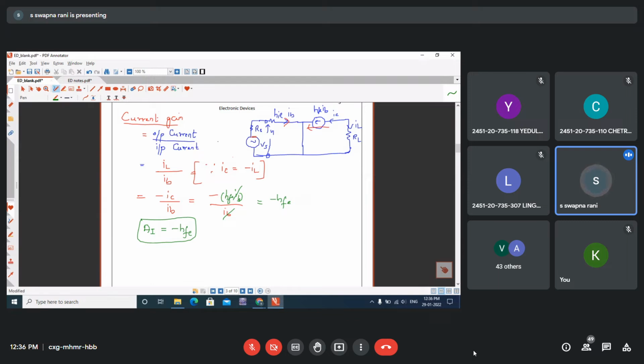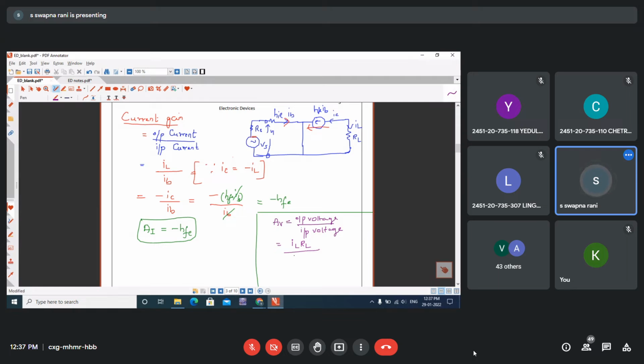Voltage gain. What is the voltage gain formula? Voltage gain expression AV is output voltage by input voltage. Output voltage is nothing but IL into RL.